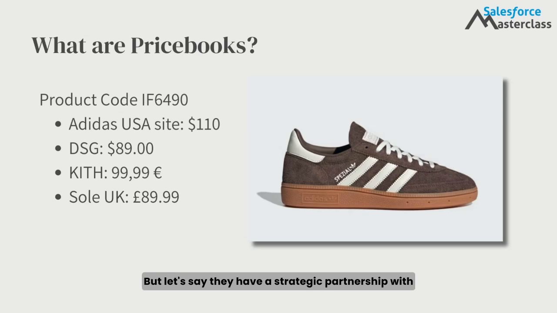But let's say they have a strategic partnership with Dick's Sporting Goods, and they may have a price book entry in a different price book called Dick's Sporting Goods that has that discounted rate for Dick's. Let's say they also sell this same exact shoe at Kith in Paris, and the price point that they offer Kith is 99 euros, and so on. So this is a good example of having one single product, but having it be contained within different price books at different price points.